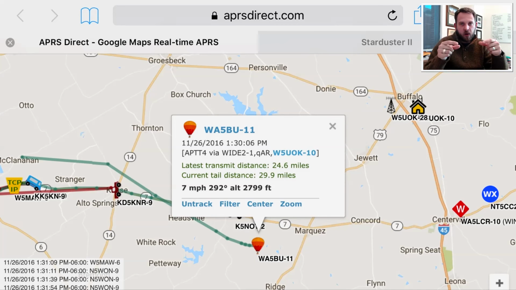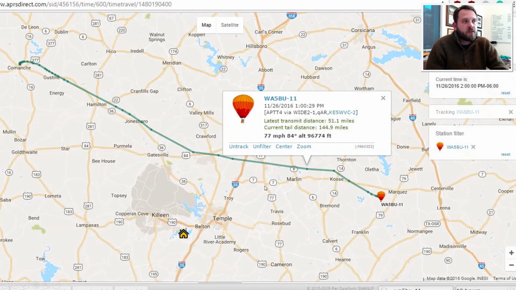We kind of built a cone and said, if it came down to the west, we ought to look in this area. And it was within about a quarter mile of where this actually says it should have been. So it was very important to pay attention to the data because the balloon was not headed east in the last 2,800 feet.